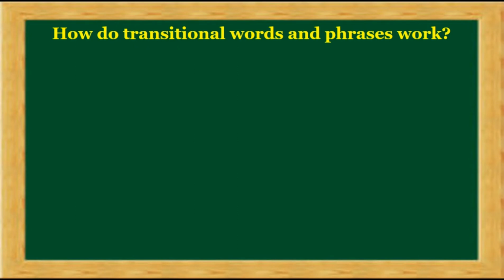Now that you have a general idea about what transition words and phrases are and why they are important in reading and writing, let us briefly discuss some useful and common transition words and phrases classified according to the purpose they serve in a paragraph.